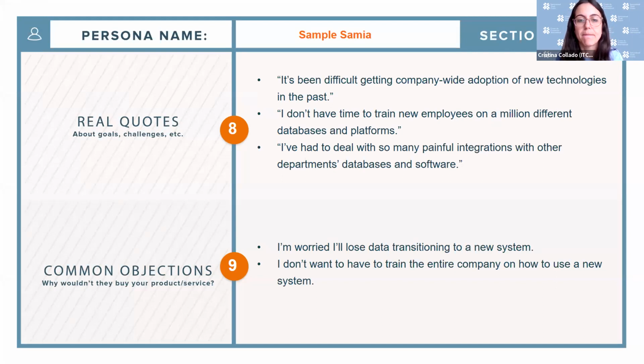And she's worried that all data is transitioned to a new system, and she doesn't want to train the whole company on how to use a new system. So we need to be aware of all these challenges and all these objections to offer the best service as possible.